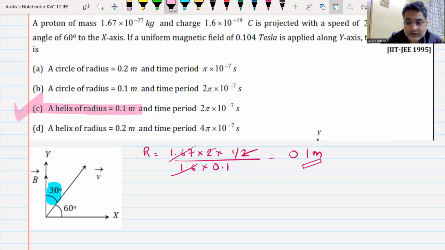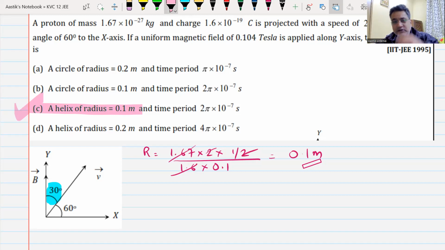Okay, sir. Now this was the motion of a charged particle in a magnetic field alone. But in most cases, you can have a combined electric and magnetic field. We call it an electromagnetic field.